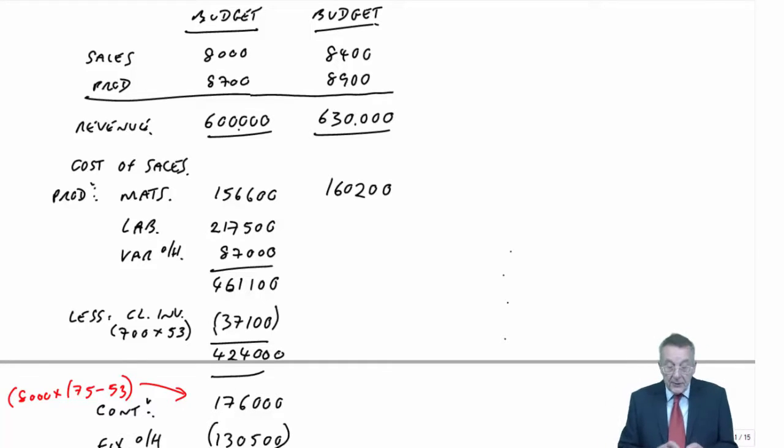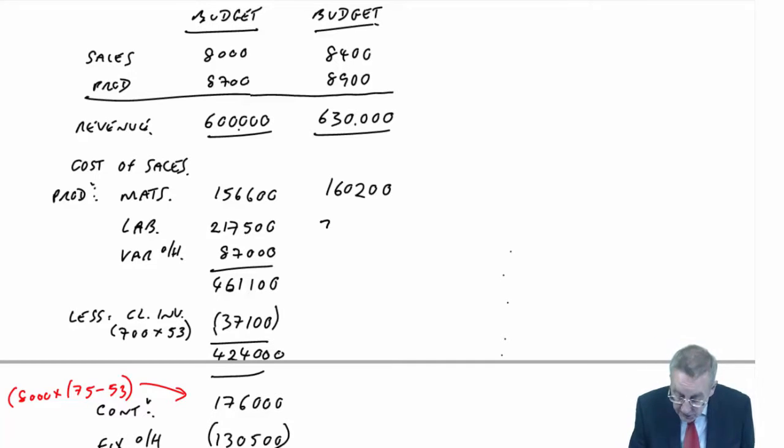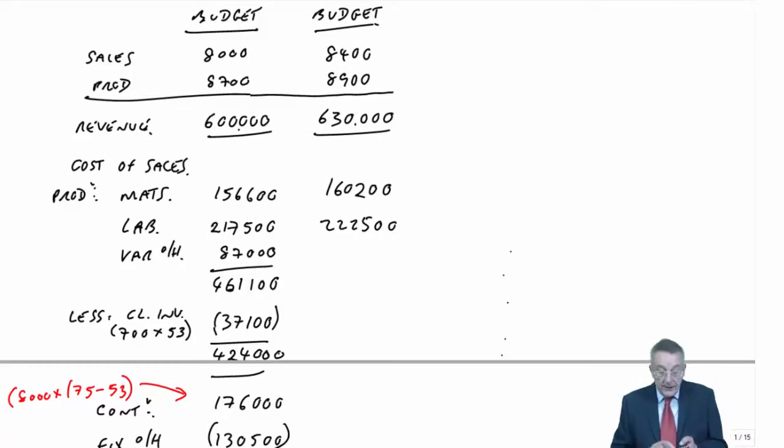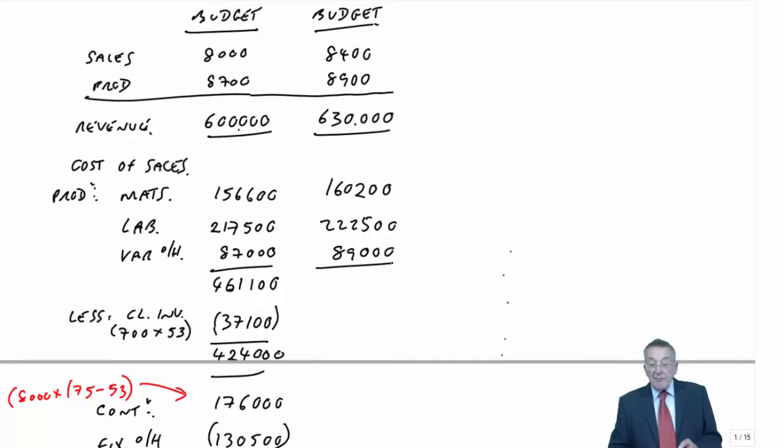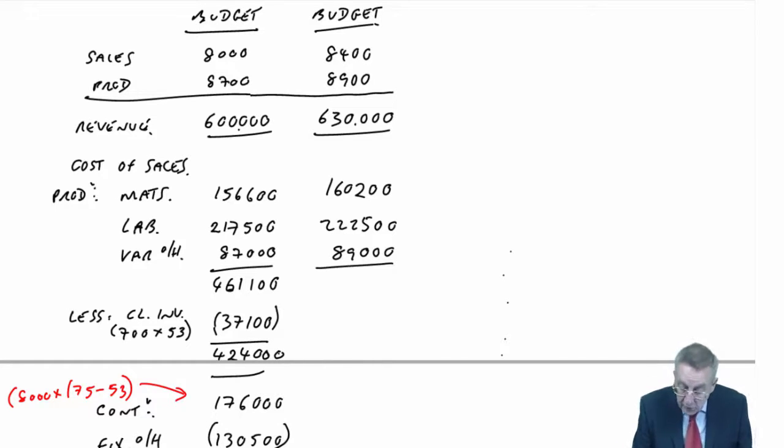A labour, 8,900 produced, standard cost 25 a unit, 222,500. Variable overheads, 8,900 at 10, 89,000. And so the marginal cost of production, if things had gone perfectly, would be 471,700.